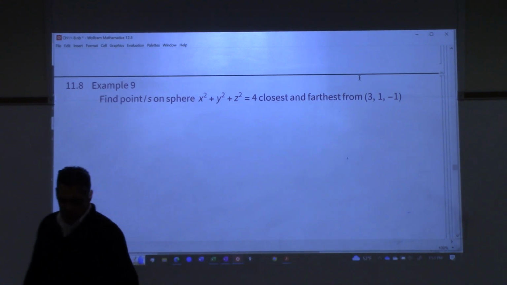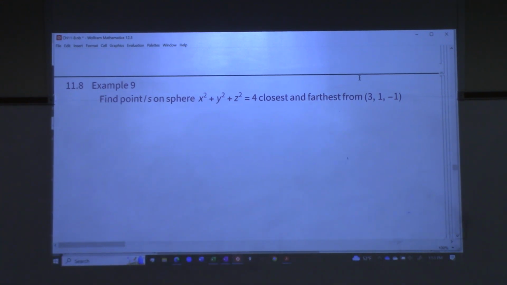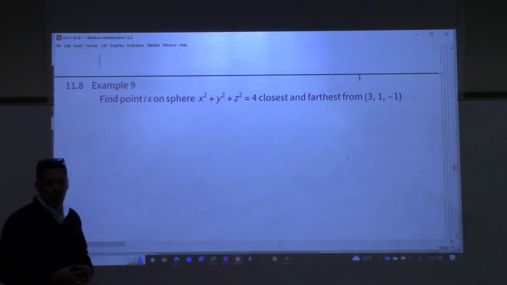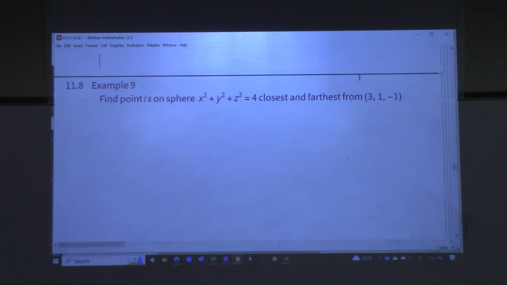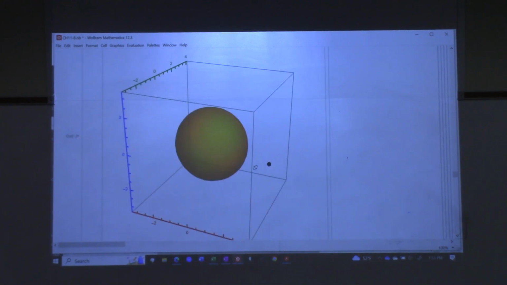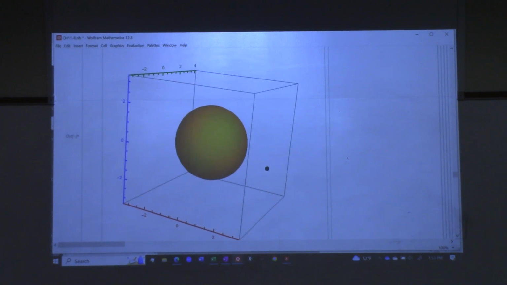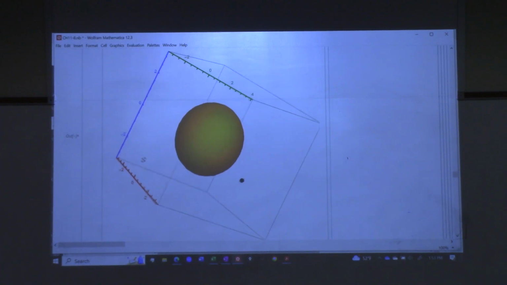Find the point or points on the sphere x squared plus y squared plus z squared equals 4 closest and farthest from a certain point. Let me show you a visual of what's going on here. We have a sphere sitting in 3D, and we have a point that I've given you. That's not on the sphere, it's just some other point.